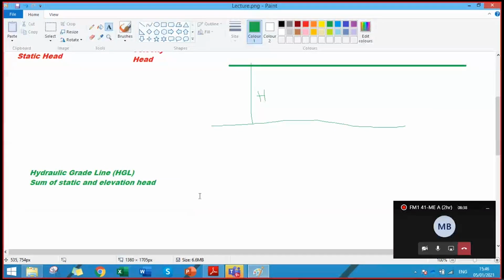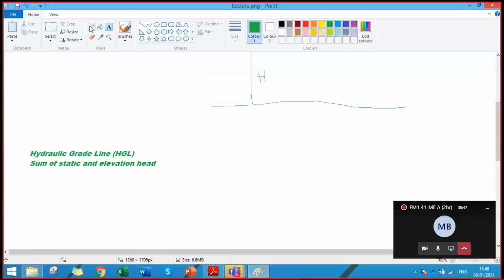So if the static and elevation head are not changing, then the hydraulic grade line will be equal to the energy grade line. But if there is variation in the static head or the elevation head, then the hydraulic grade line will be different from the energy grade line. How they are drawn, we discuss through an example.